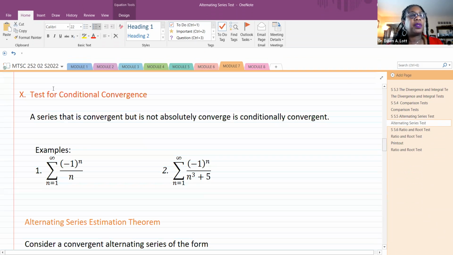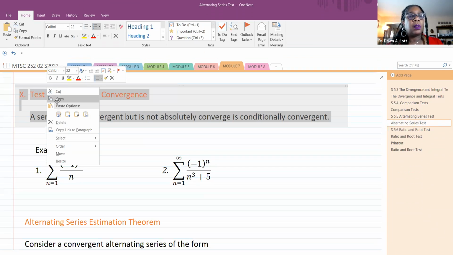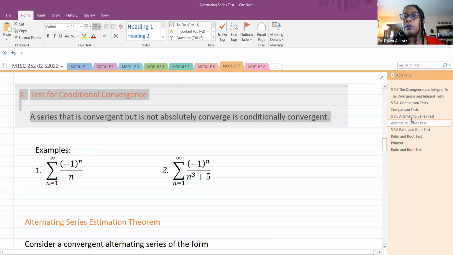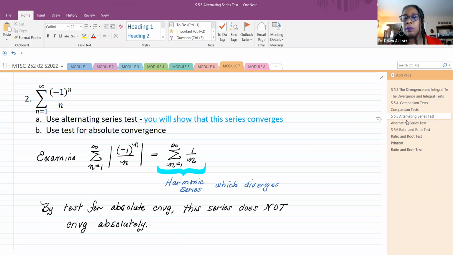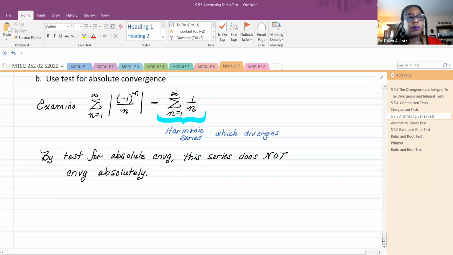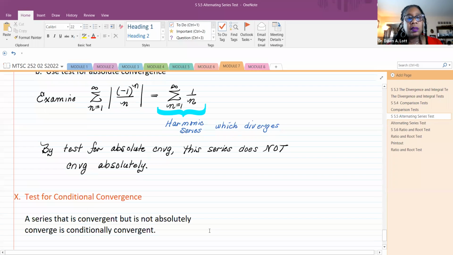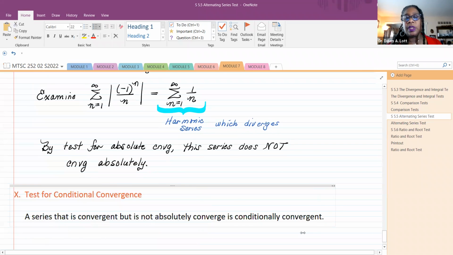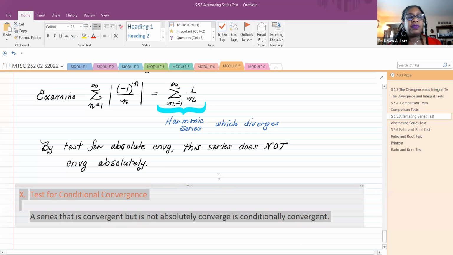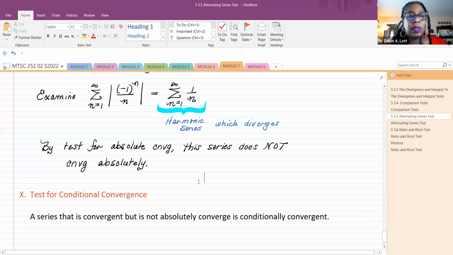Okay, so the test for conditional convergence. This is test number 10. It says, after you do the alternating series test, you can test to see if the series converges absolutely.